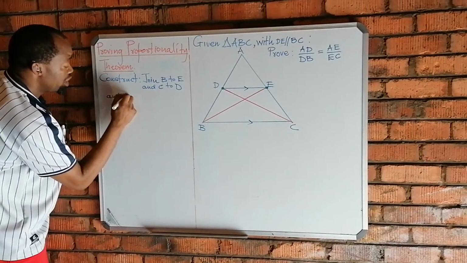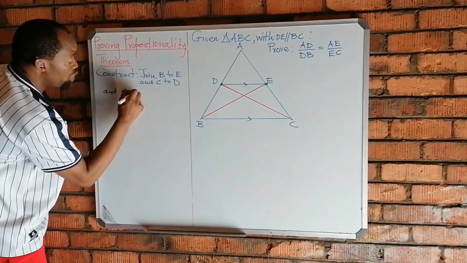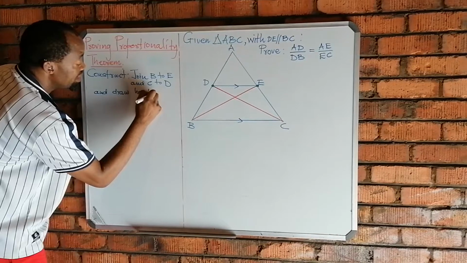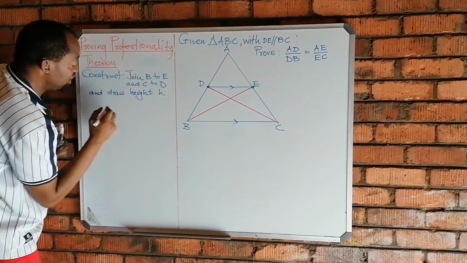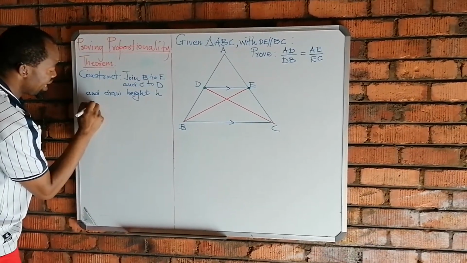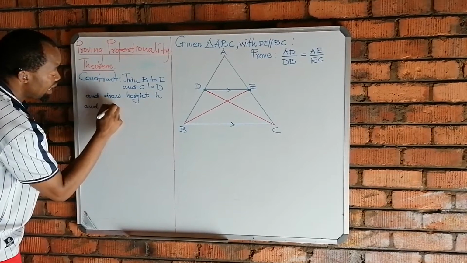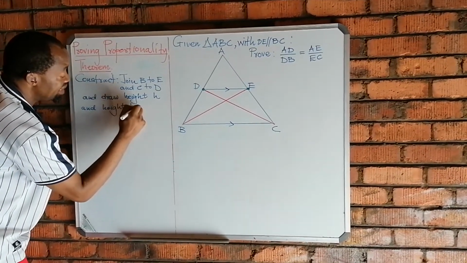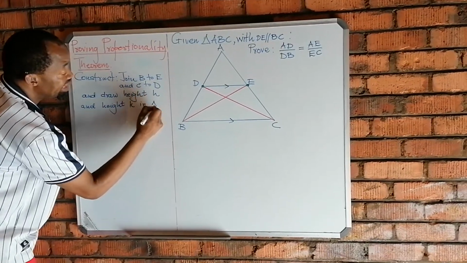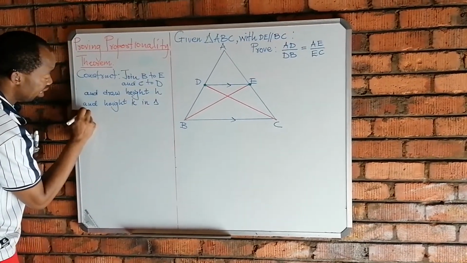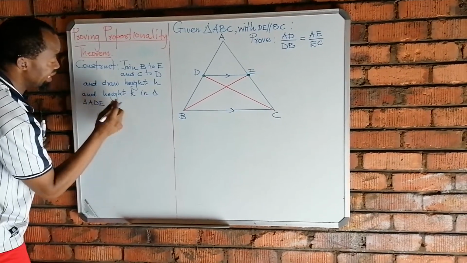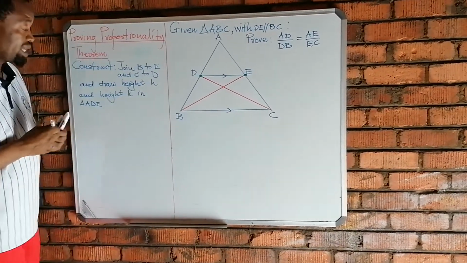Draw height H and height K in triangle ADE. Let's remove that there.